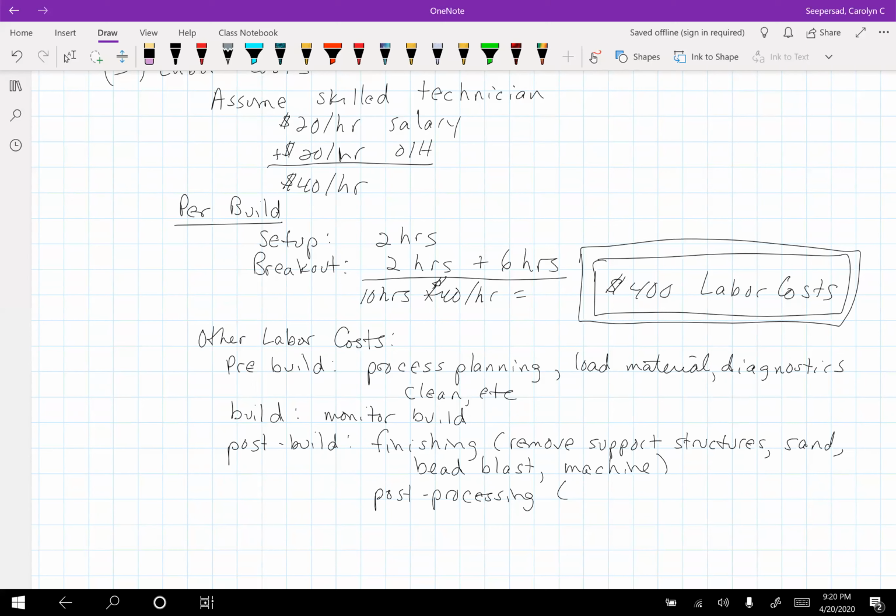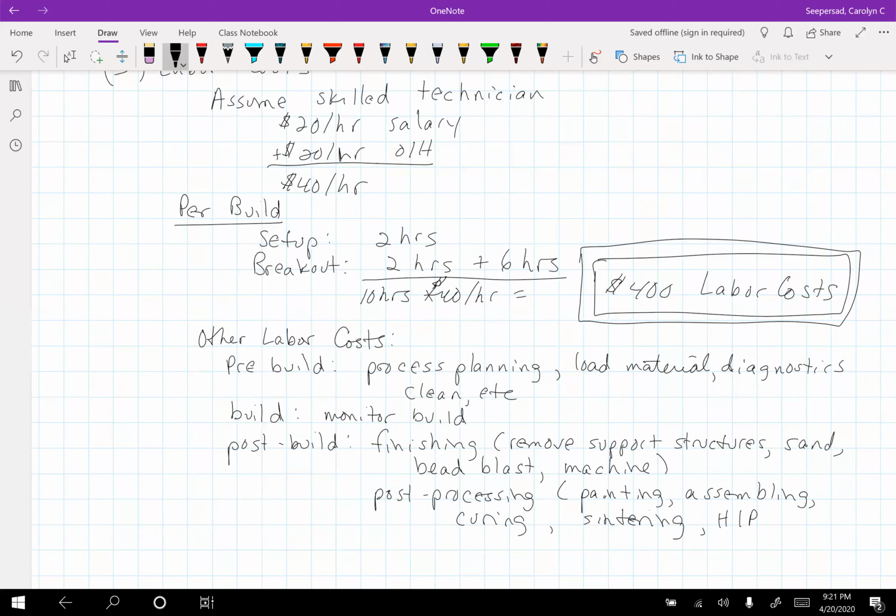You may also want to paint, assemble. You might have to do additional curing, like for SLA. You may have to do additional sintering for SLS or EMLS.